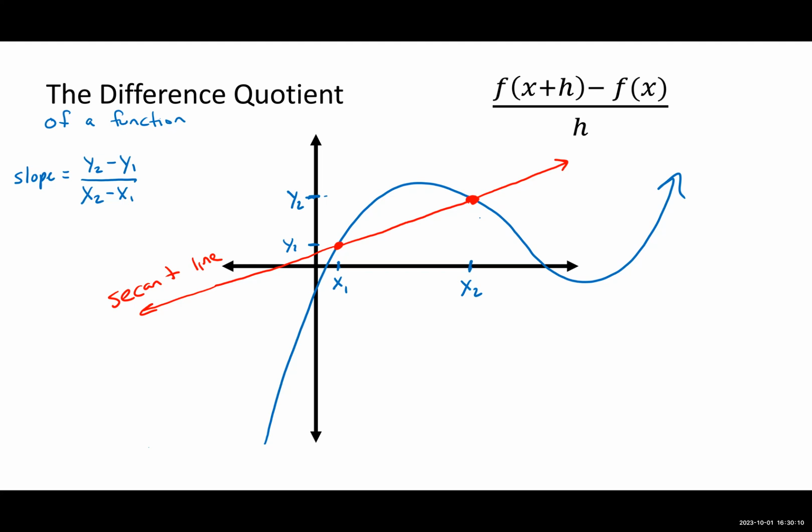So what we're going to do here is just replace the x's and y's with some different notation. We're going to use the same 2 points, the same red line, so it's going to be the same slope. All I'm doing is changing the language. I'm translating from the language of equations to the language of functions.